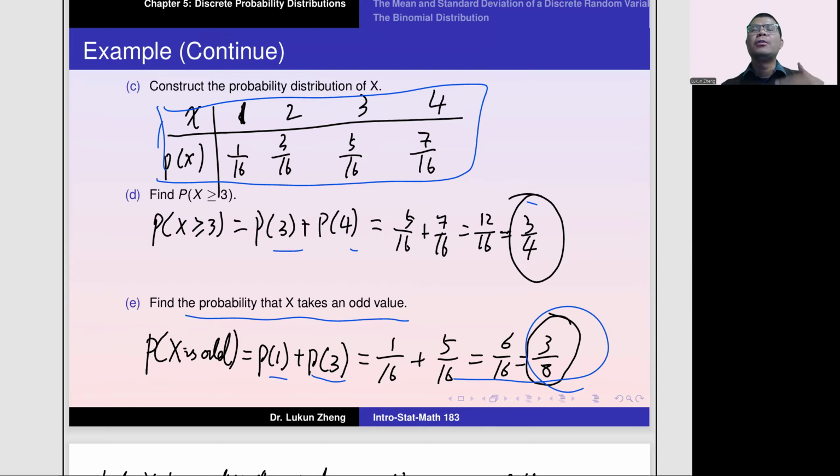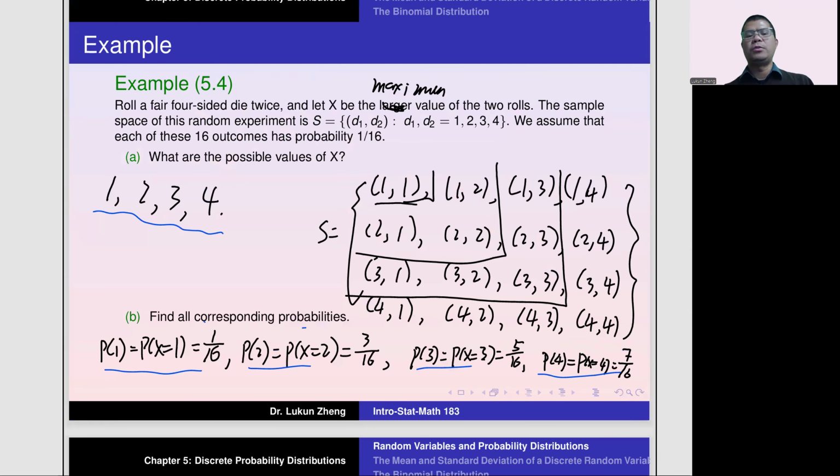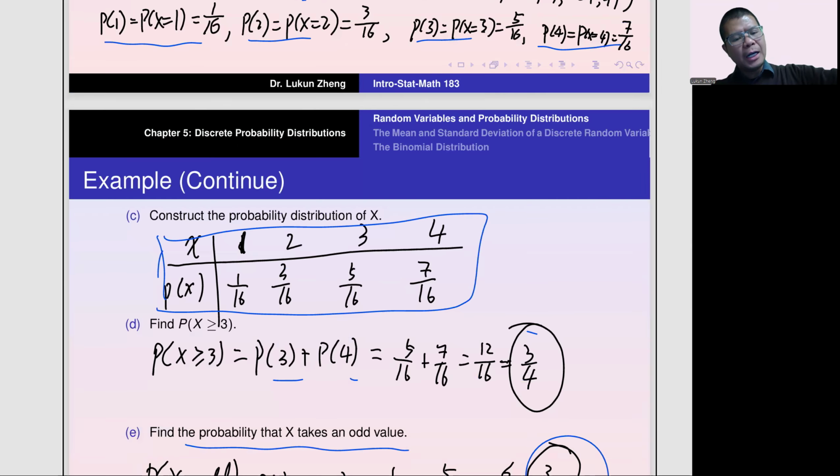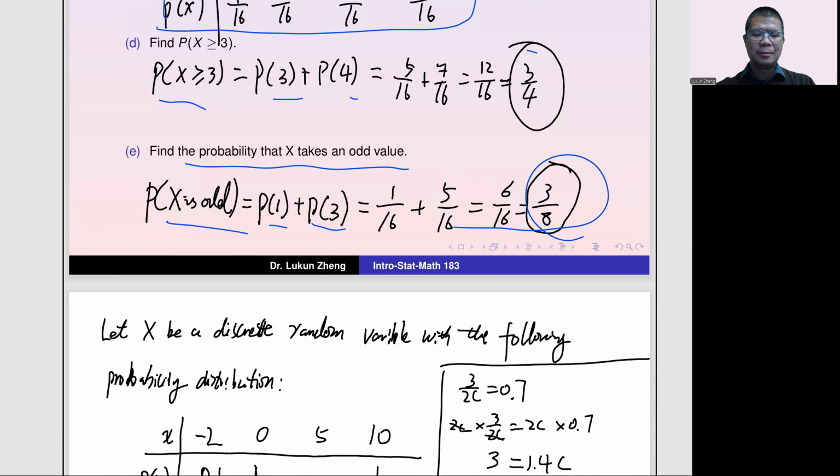So for this example, we first figured out the possible values of x, then we got their corresponding probabilities, and we got their table. And then based on this table, we figured out these probabilities. How wonderful is that.